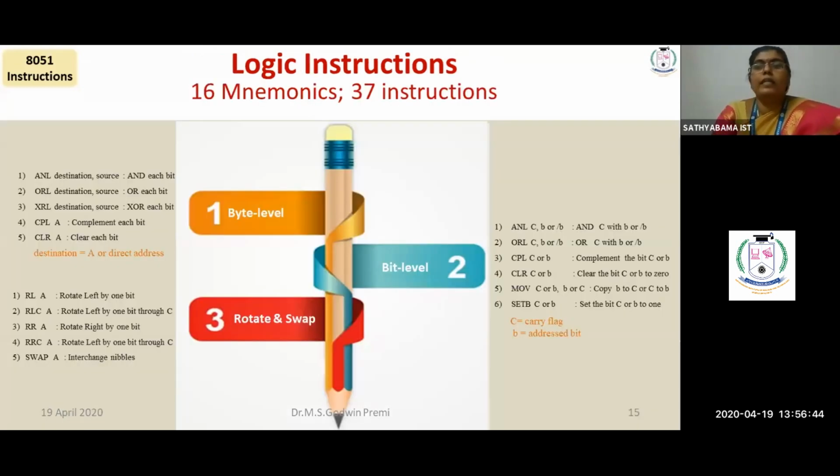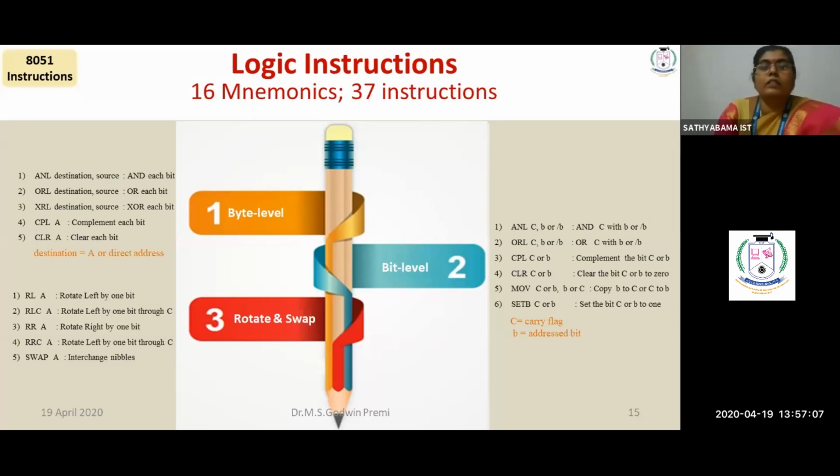Coming to the next major group of the 8051 8-bit microcontroller instruction set, that is the logic instructions. There are 16 mnemonics. Among the 16 mnemonics, we can have many instructions, they are all 37. These 16 mnemonics can be grouped under 3 categories.